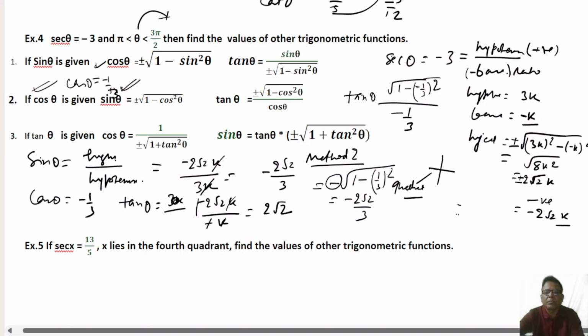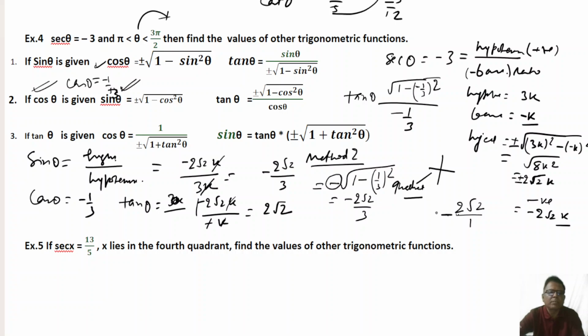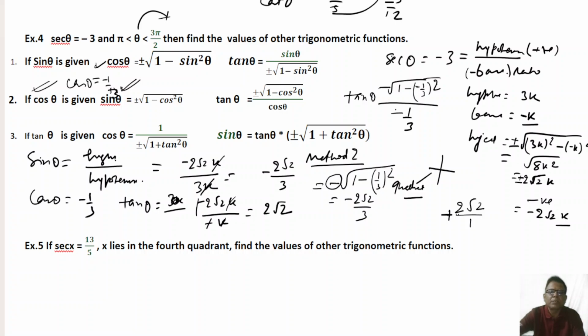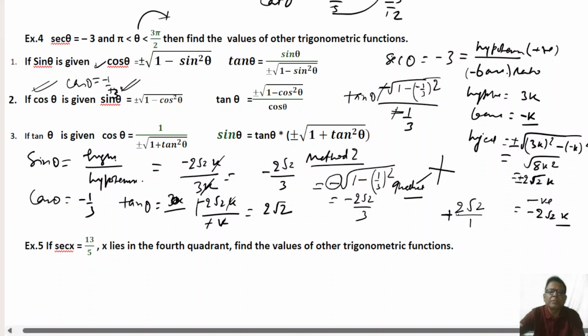So that will be 2 root 2 by 1, because the 3s both get cancelled, so minus 1. So that will be plus 2 root 2. Why have we taken plus? Because this is minus, so minus minus will get cancelled. So that way you can calculate.